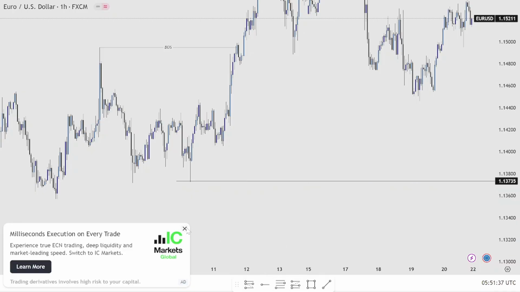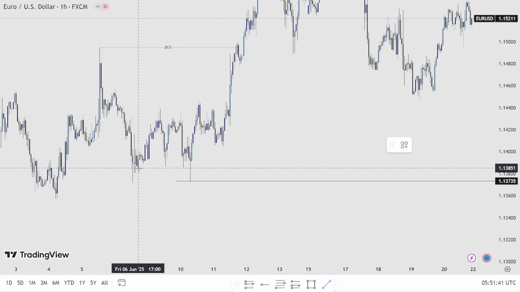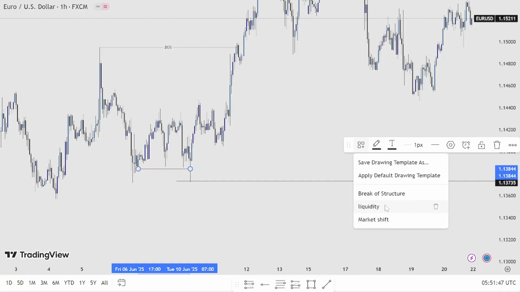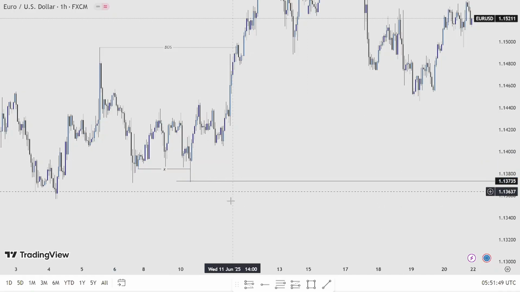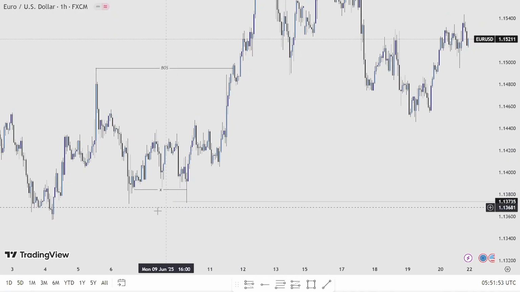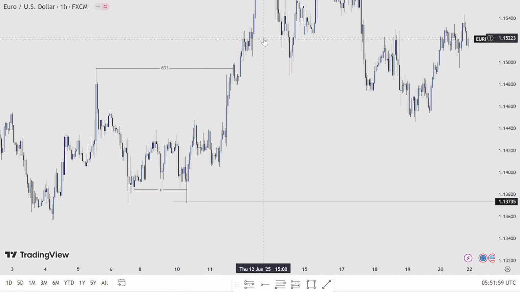So I'm going to mark that as our liquidity sweep going up.